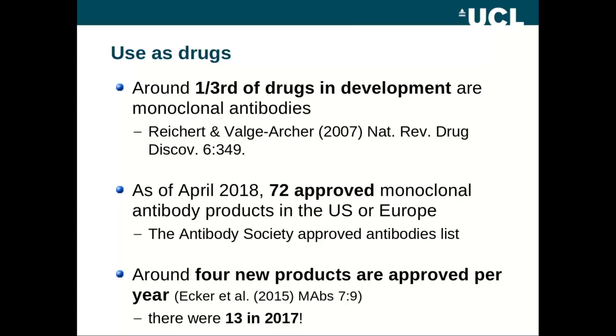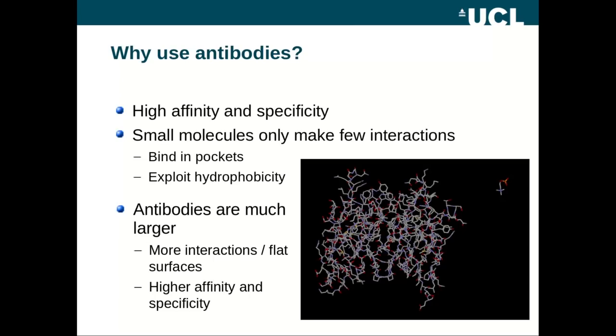There was a paper in 2015 saying that around 4 new antibody-based products are approved for use every year. In fact, in 2017 there were 13, not 4. So there's been a huge spike in the number of antibody-based drugs getting to the market.